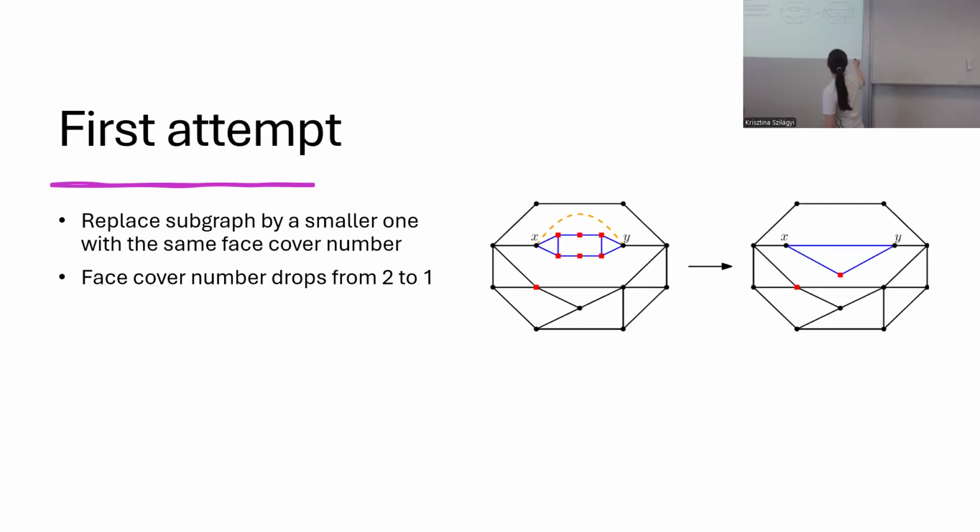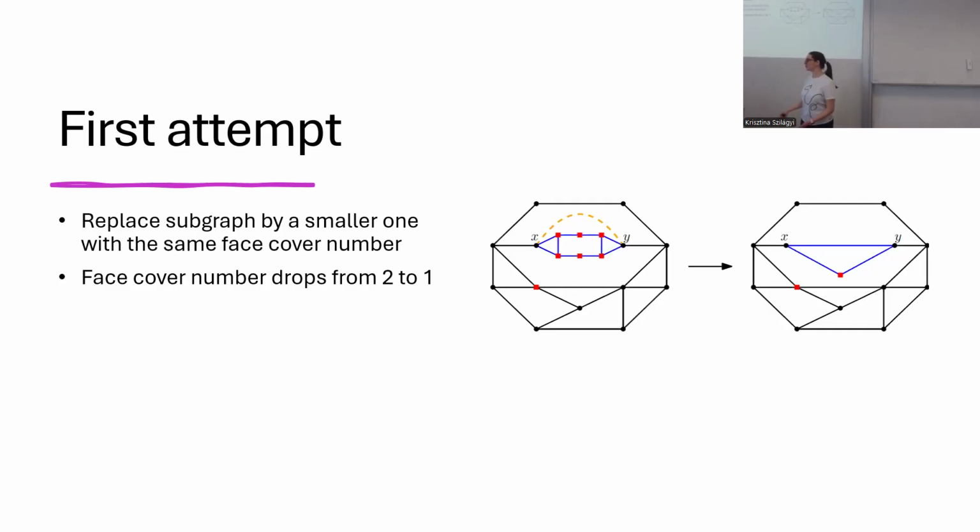We might want to replace it by this blue triangle, which also has a face cover number of 1 because the triangular face covers this one terminal. However, the whole graph has face cover number 2 because you need this rectangular face and also, for example, this one. But after the replacement, it has face cover number 1 because you can use one face that covers both of its terminals.